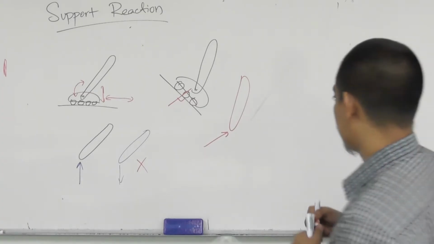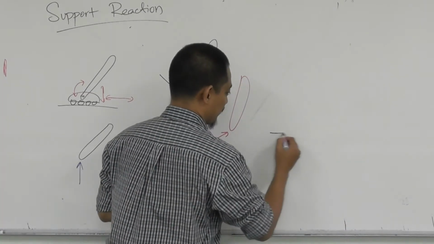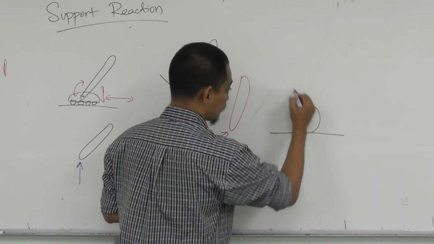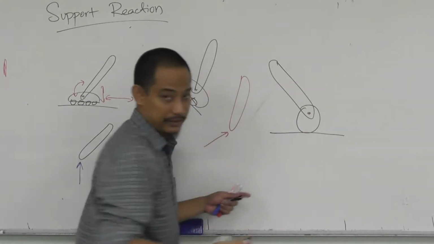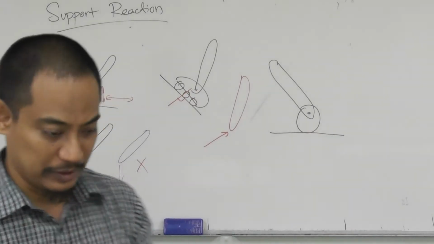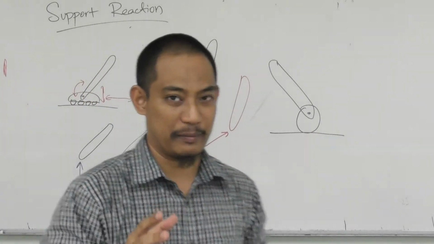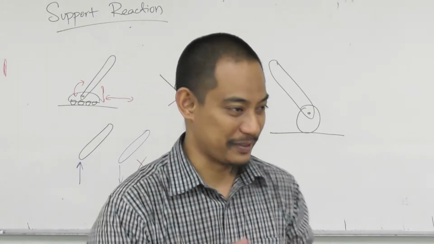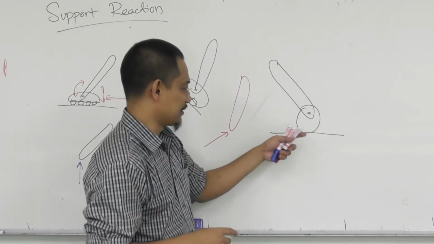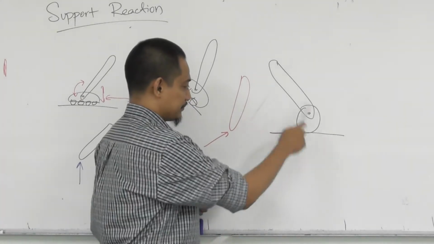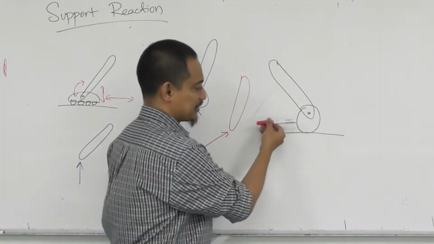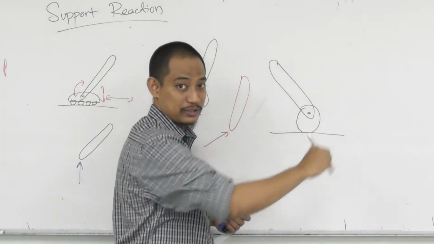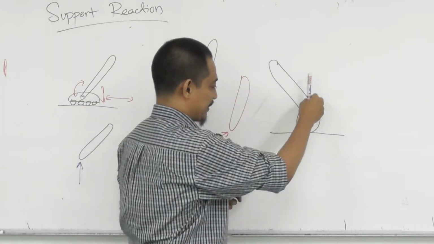I'm talking about if you have a ground like this, something like that. I'm not sure if you are familiar with a rocking chair, where you rock back and forth. So the idea is, this mechanism doesn't prevent movement horizontally, but it prevents movement going down.